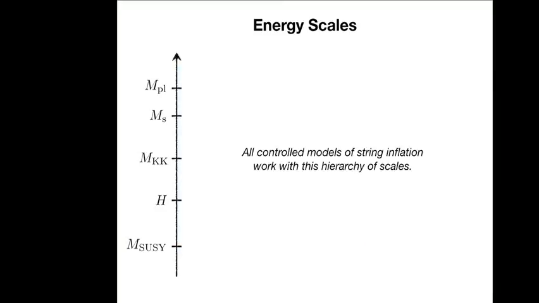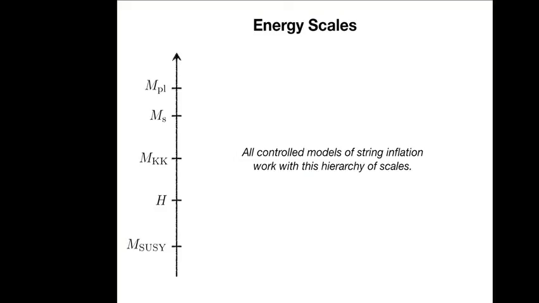Okay. So all models of string inflation that are claimed to be in control work with this hierarchy of scales, I think. Because then supersymmetry helps you to stabilize your compactification to some degree because it's only spontaneously broken, and so you can still use it to compute certain things with more confidence.